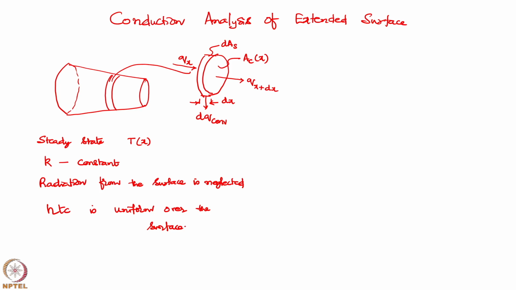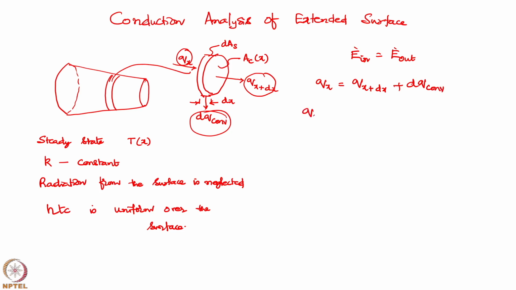coefficient as constant. So if you apply the energy balance, there is no energy generation and no energy stored, so E dot in equals E dot out, that is Qx equals Qx plus dx, this is in, this is out, and it is also losing by convection, plus dq convection.